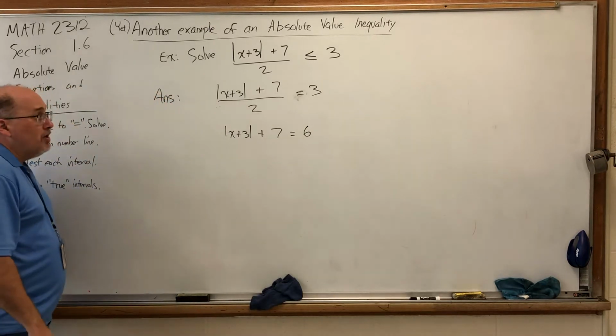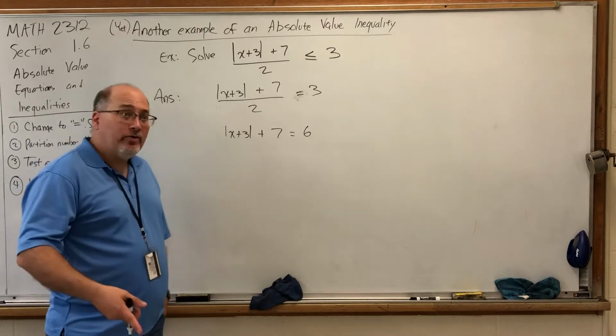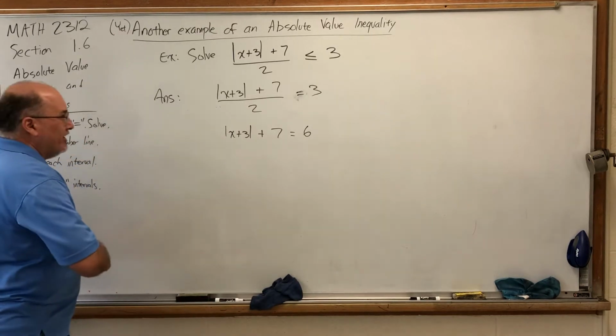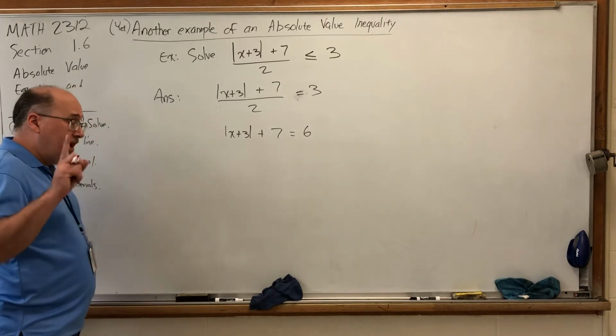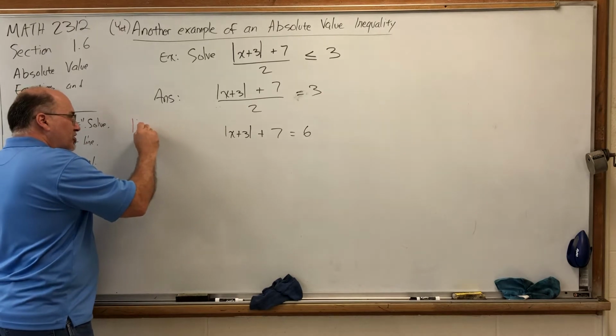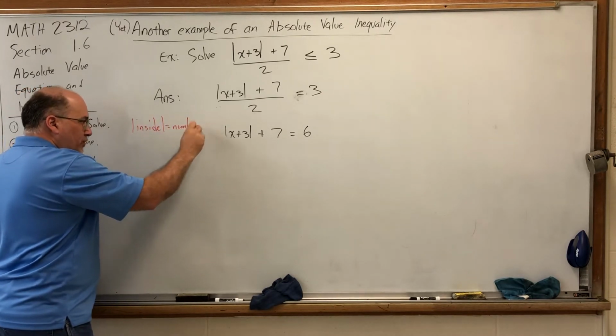Okay? Oh, by the way, the reason I didn't set this equal to 3 and negative 3, and I mentioned this in class yesterday, when you're solving an absolute value equation, we have a strategy for solving something that looks like this. Absolute value on the inside equals a number.